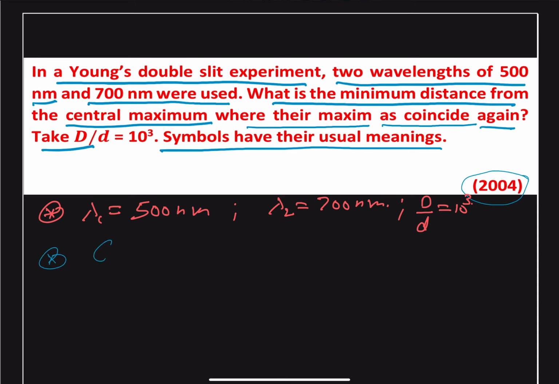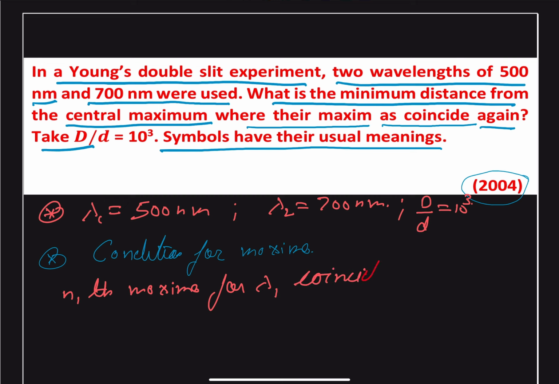Condition for maxima: we assume the n1th maxima for lambda 1 coincides with the n2th maxima for lambda 2.